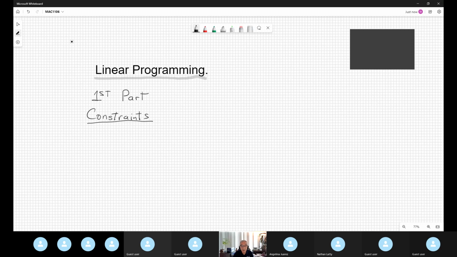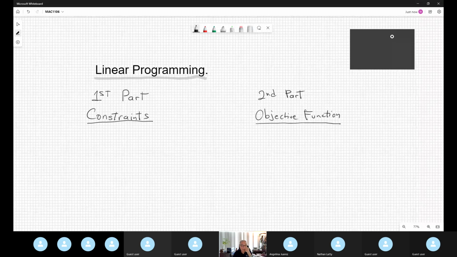Now we have the second part, which is the objective function. The objective function is the variable that you want to optimize, because that problem is optimization. Optimization means finding the best solution. The best solution may be the maximum if it is good, or the minimum if it is bad.